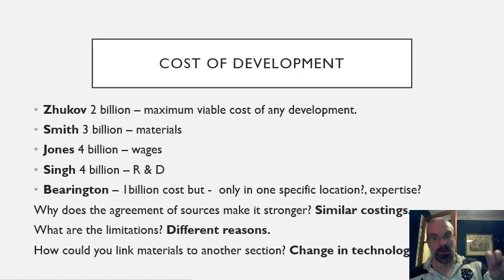However, in the future, when we consider this change in technology as described in section 1, according to Smith, at any rate, it would then be viable to build our underwater city. So that would be a good way of reinterpreting the argument and linking to another section, that kind of thing.